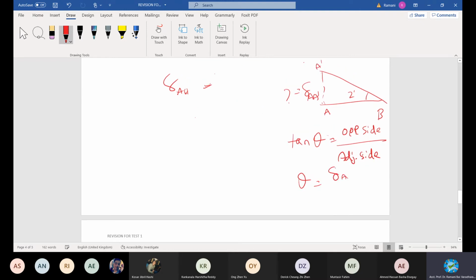My opposite side is delta A dash divided by the adjacent side. How much is this? Please find. 200 mm, correct? Please tell me the answers. 200.